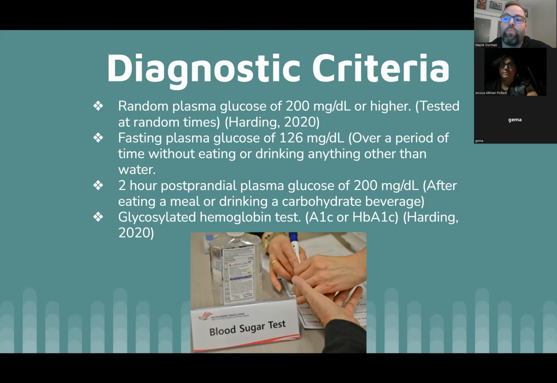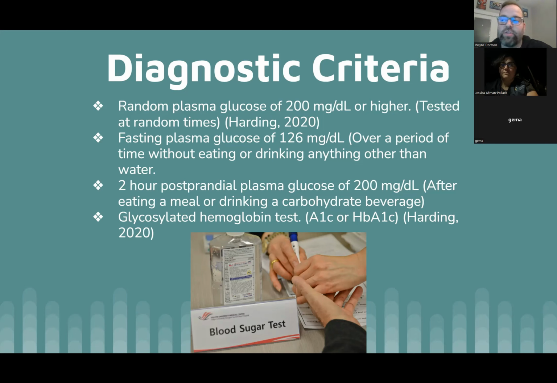Another tool that's very important, not only in the diagnosis of type 2 diabetes, is the glycosylated hemoglobin test, an A1C. And this is kind of an extraordinary test. Essentially, your hemoglobin molecules in your blood get saturated with sugar. It's called glycosylated hemoglobin.